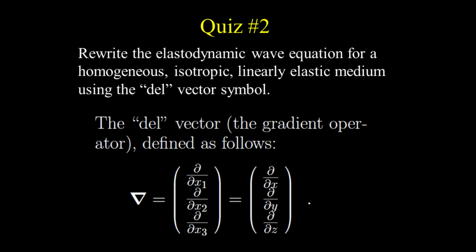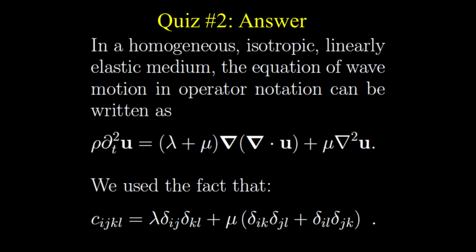Here's the second quiz. Rewrite the elastodynamic wave equation for a homogeneous, isotropic, linearly elastic medium using the del vector symbol. Here is a reminder of the del vector. Here is our answer.